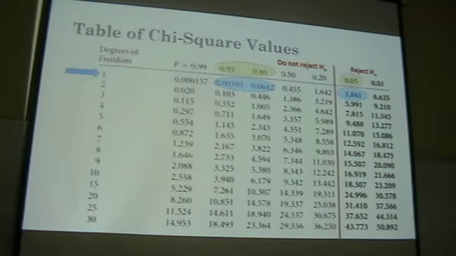I look at the chi-square value for 0.05, the critical value for 0.05, which is 3.841. I just ask myself, is this greater or equal to the critical value? If yes, do not reject. Just look at the blue one only for the second method. The first method, look at the green one. The second method, just look at the blue one.